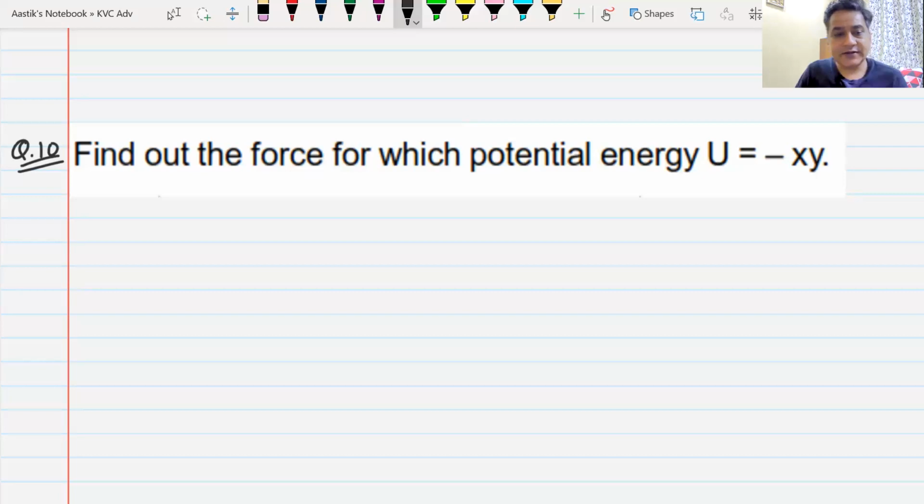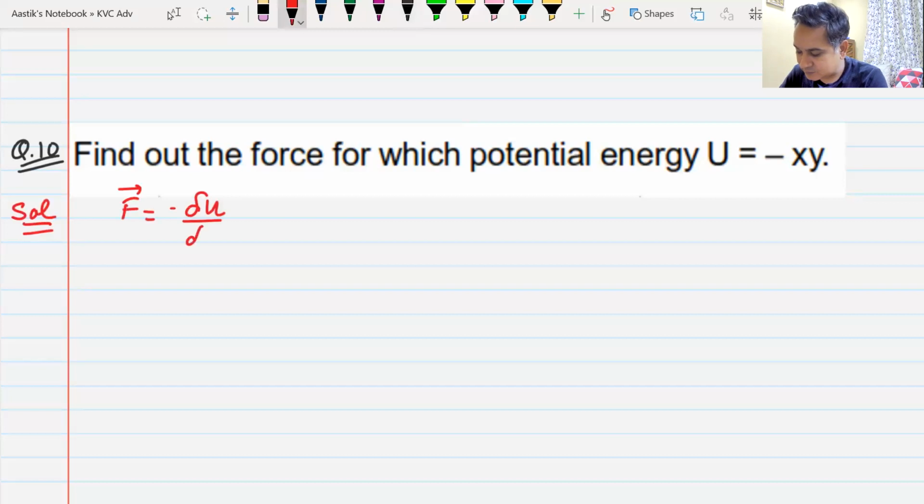How do I find this out? What I need to do is again go back. Force is vectorly minus del u by del x i minus del u by del y of j. Let us find del u by del x.